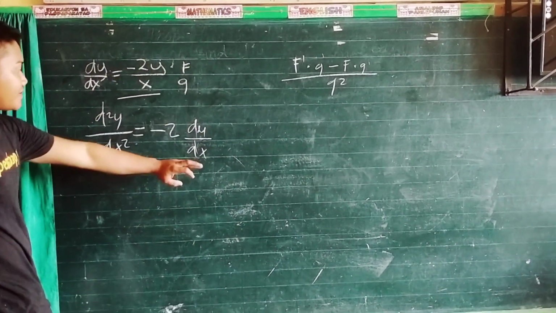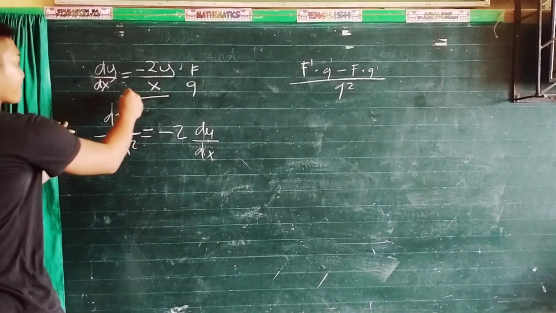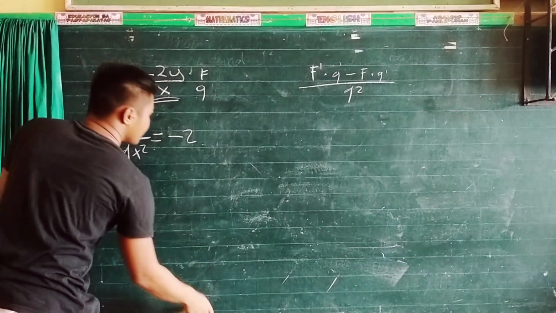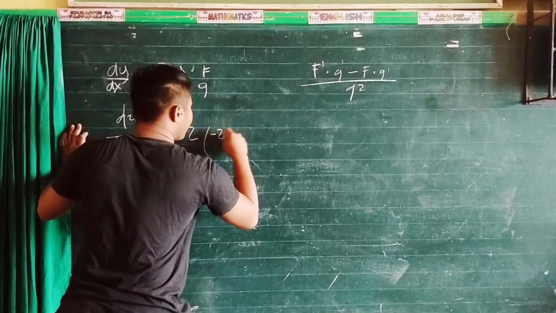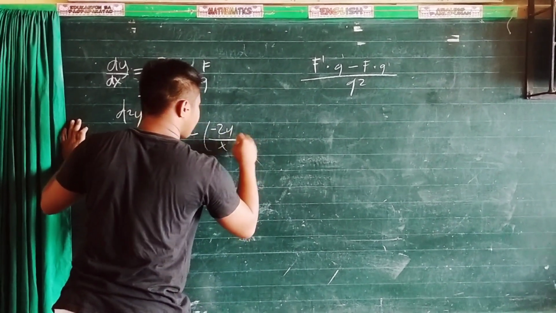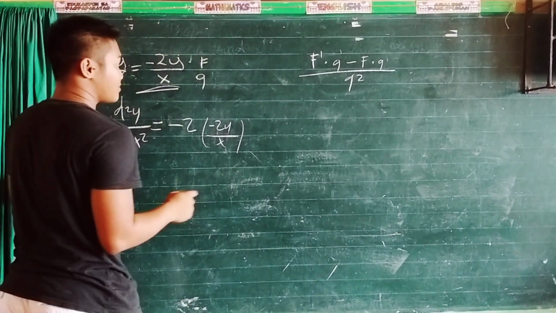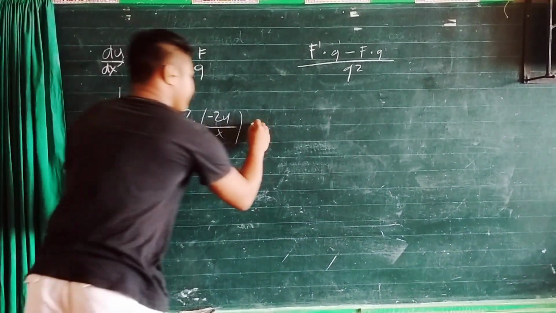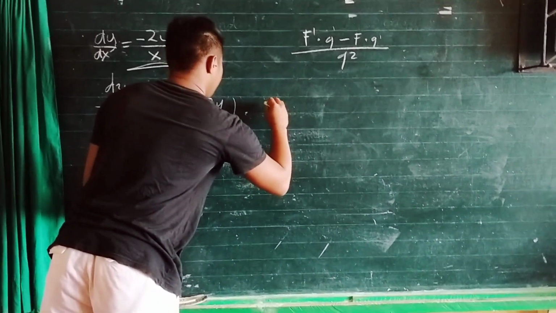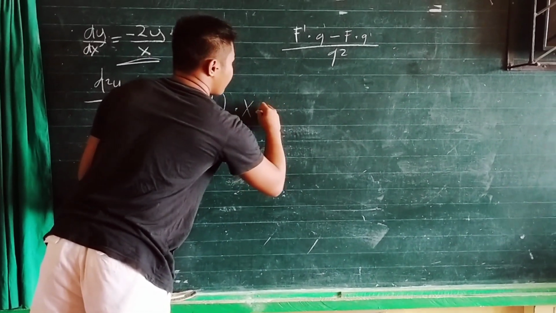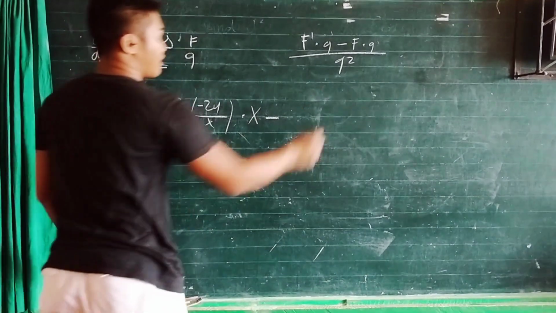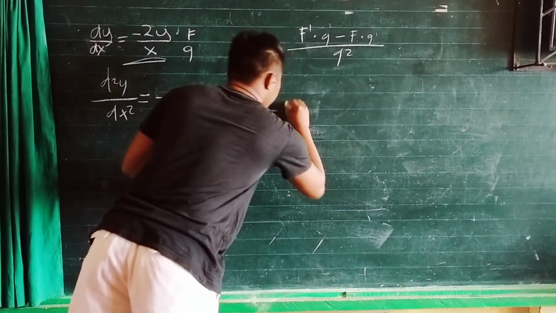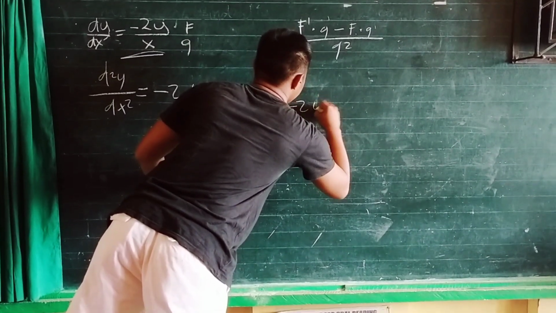Since we have the value of dy over dx here, copy it, negative 2y over x, multiplied to our g, which is x, minus our f here, negative 2y.